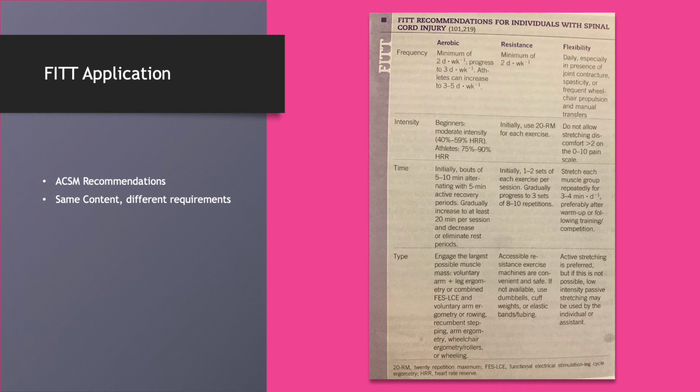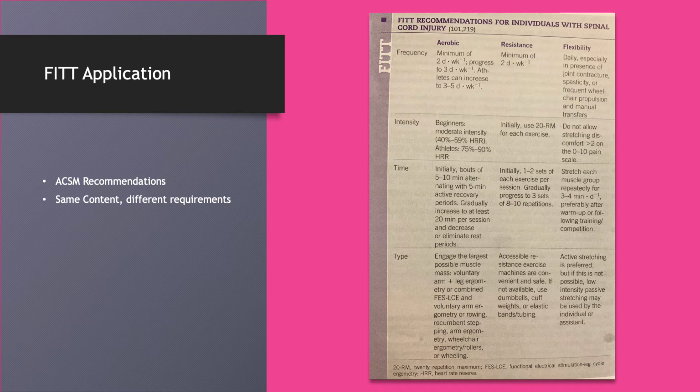They were using low weights, high repetition, and they were doing one set and then 10 to 15 seconds of rest in between each exercise, and then a larger rest period in between each circuit.